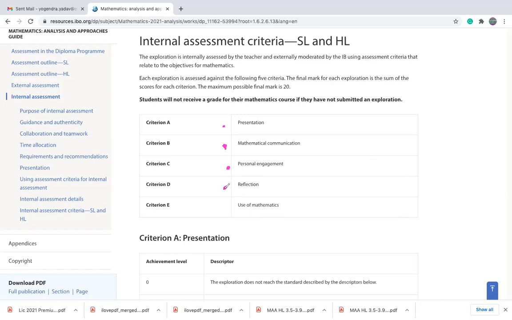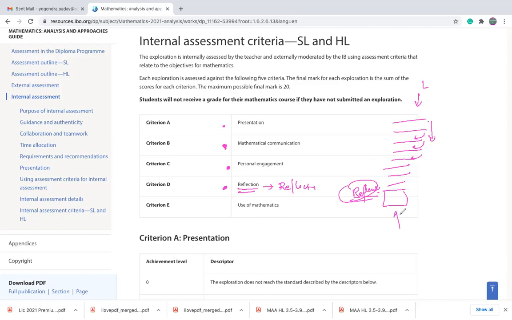Now reflection: obviously the word itself is reflect. A lot of times students write their calculations line by line with no reflection in between the lines, and towards the end they add reflection as a subtopic or bullet point. This is not how it is. IB wants reflection from the first line until the last line.